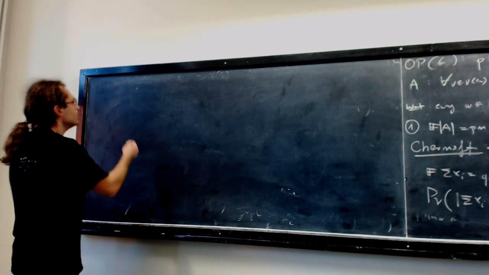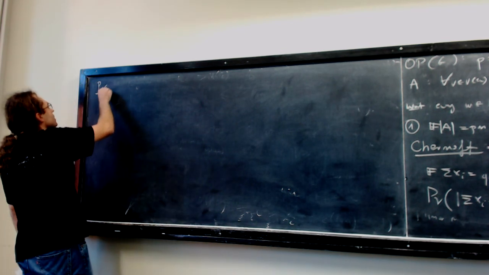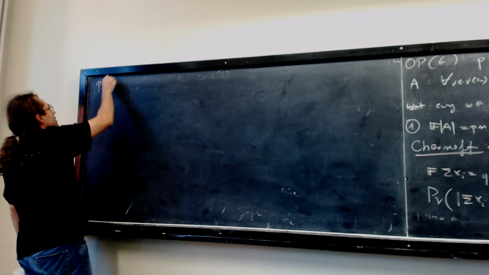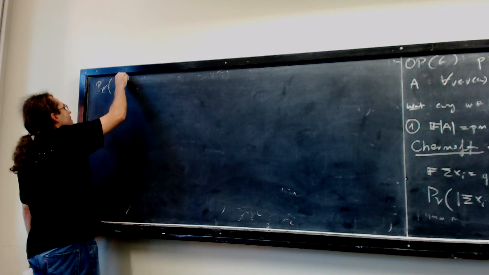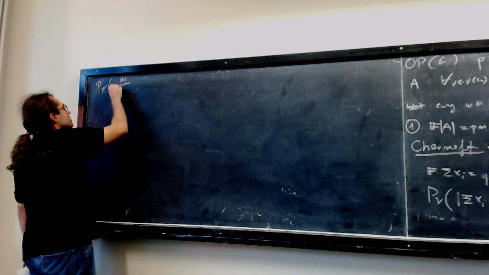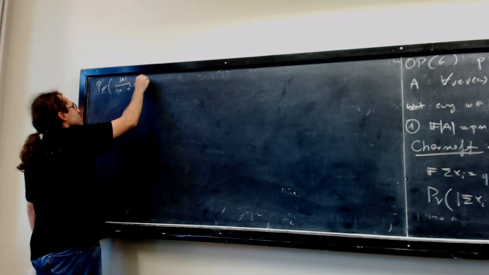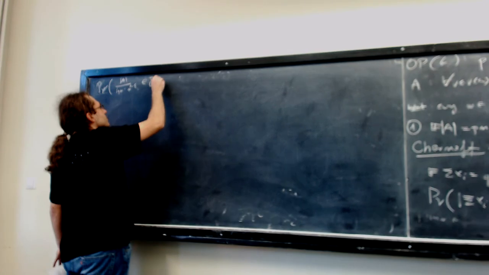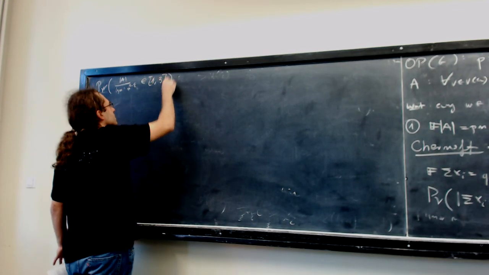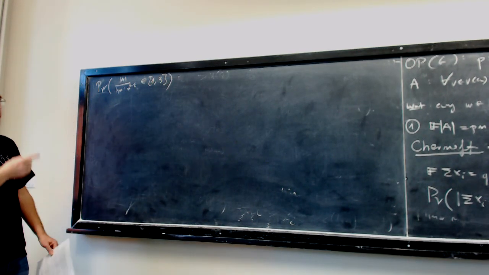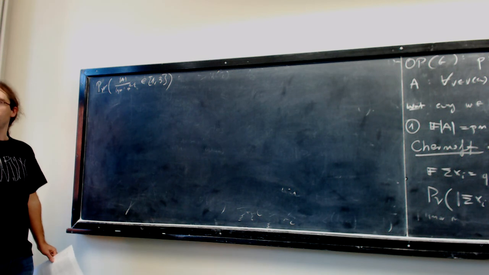So I want to say that the probability that the size of A over log n times n to the 1 minus epsilon is within the fraction 1 minus 1, 3. The expectation is 2, so I can afford a constant deviation.